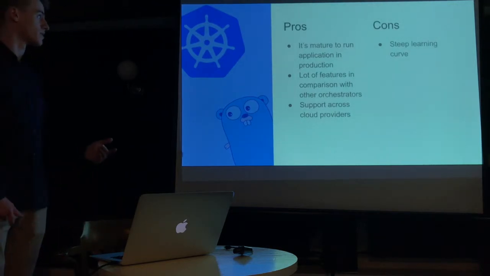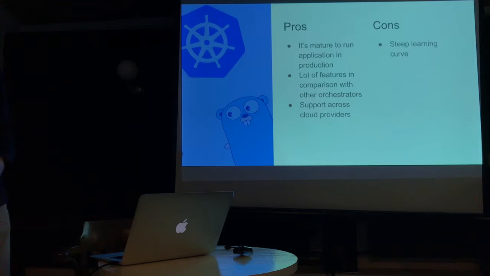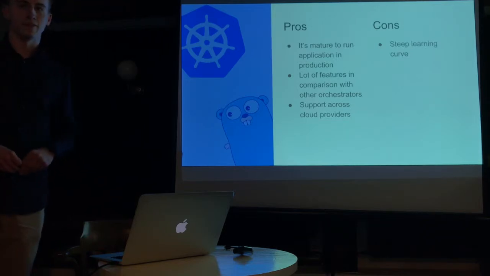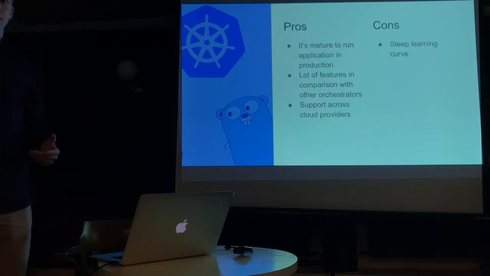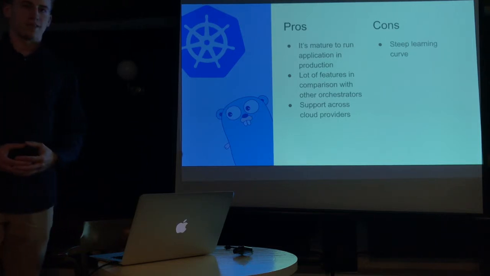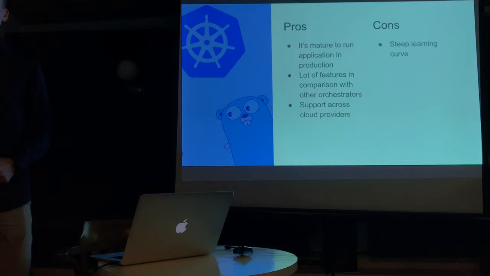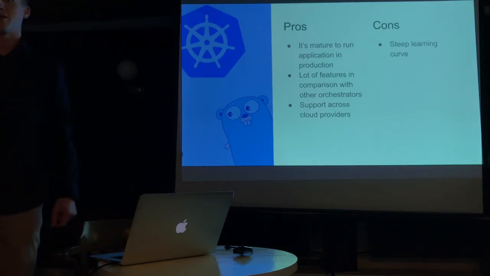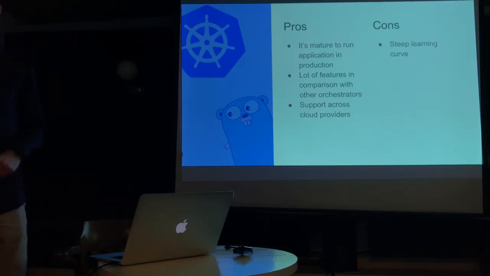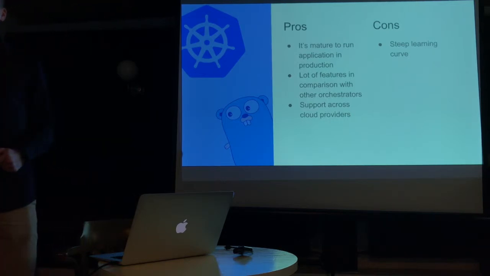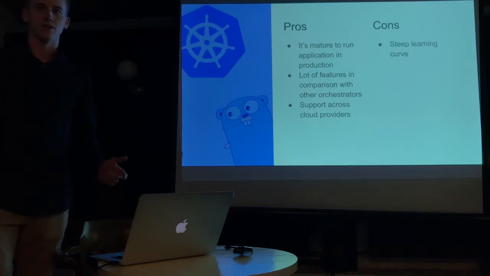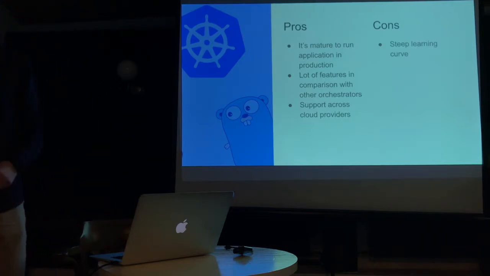What are some pros and cons of Kubernetes? I think it's a major application for running applications in the cluster. It has a lot of features in comparison with other orchestrators like Docker Swarm. There's big support from cloud providers like Google Cloud or Microsoft Azure.